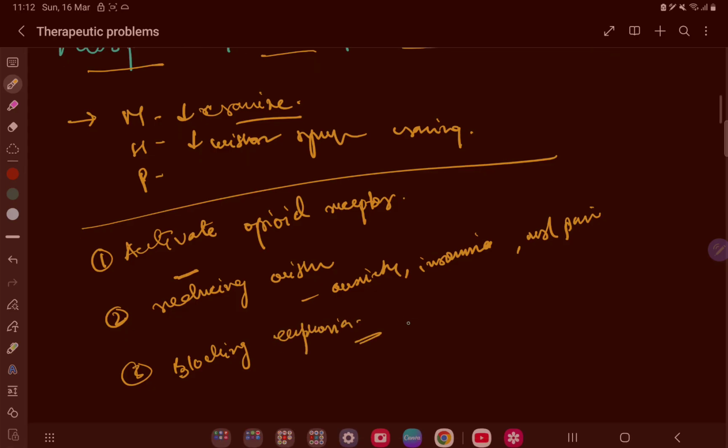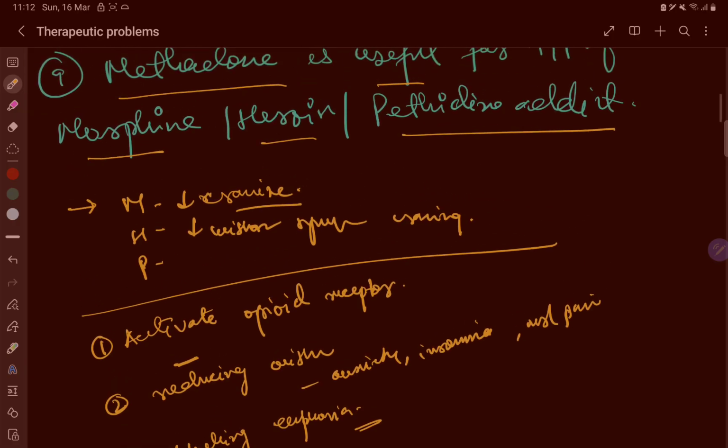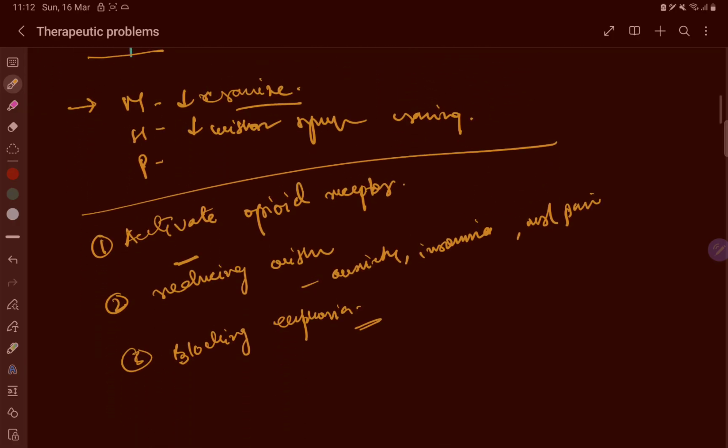It reduces the intensity, blocking the main purpose of using opioids. Why are opioids addictive? Because of the euphoric property, which is decreased by methadone.